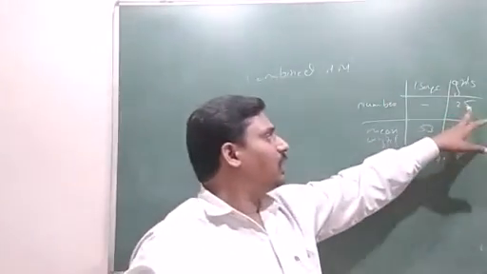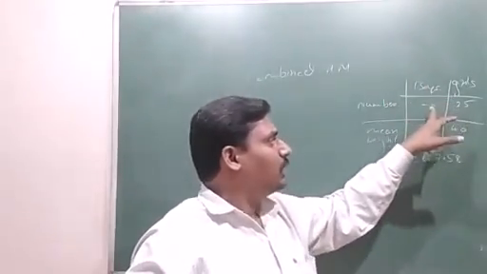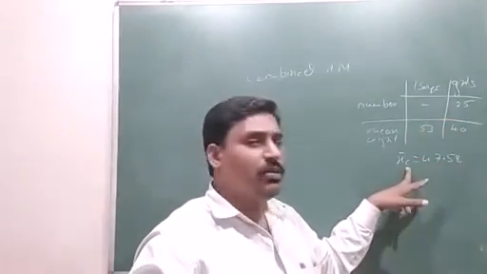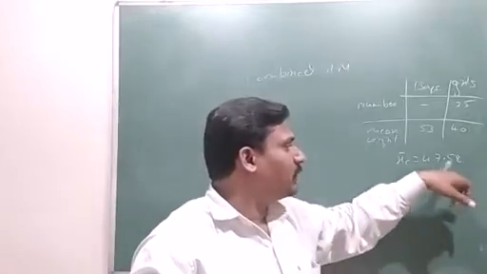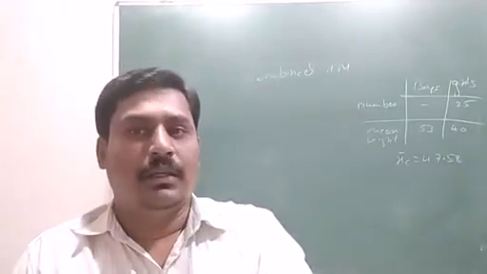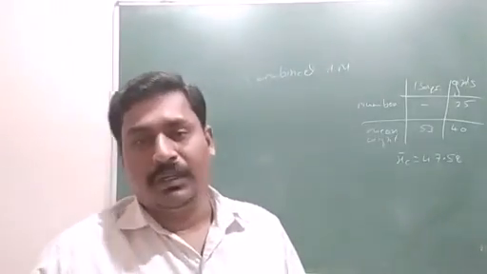So the girls' number is 25 and their mean weight is 40. Boys' number we don't know and boys' mean weight is 53. And we know that the combined mean weight of both boys and girls is 47.58. Now we have to find the number of boys in that particular data.